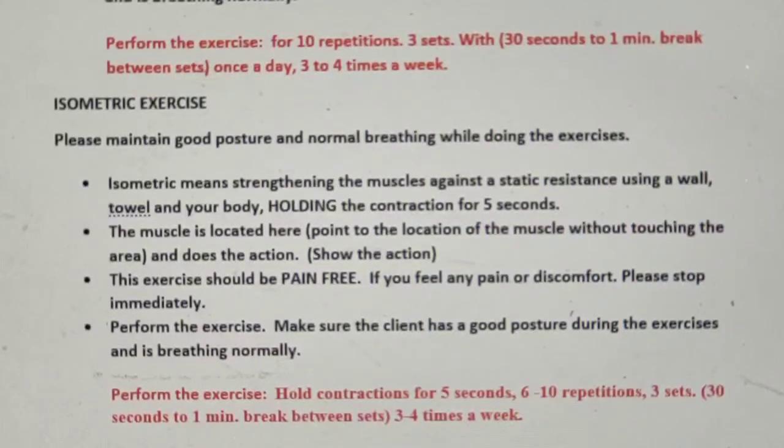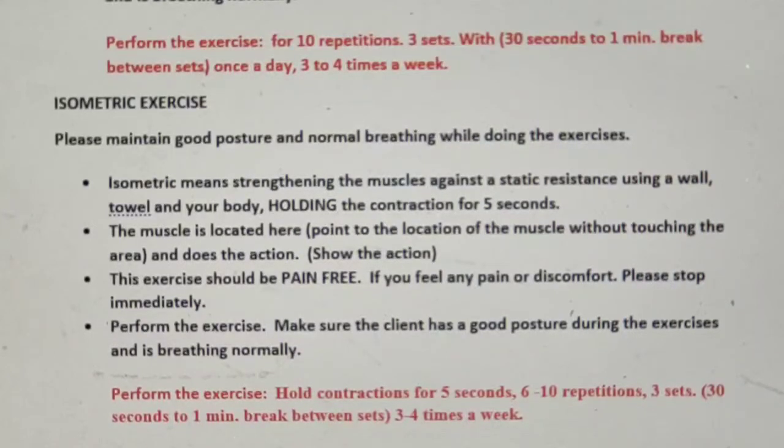So you're gonna describe, isometric means strengthening the muscle against a static resistance using a wall, a towel, and your body. Okay, so holding the contraction for 5 seconds. The muscle is located here, so you're gonna show the location of the muscle according to your script, okay.